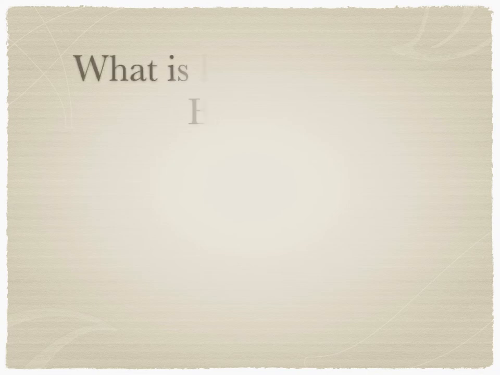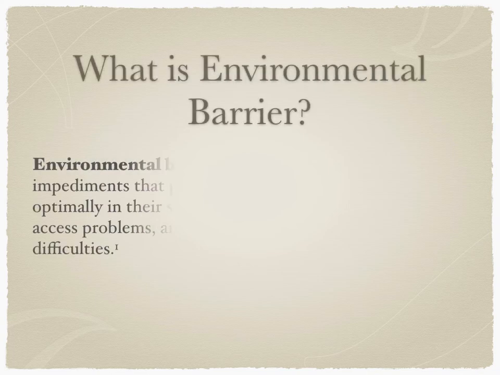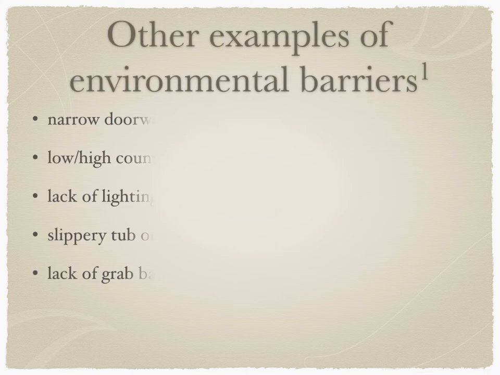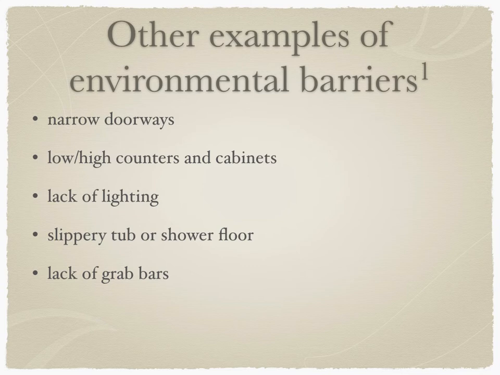These are what we call environmental barriers, and they are defined as physical impediments that prevent individuals from functioning optimally in their surroundings, and they include safety hazards, access problems, and home or workplace design difficulties. Other examples include narrow doorways, low or high counters and cabinets, lack of lighting, slippery tub or shower floor, or lack of grab bars.